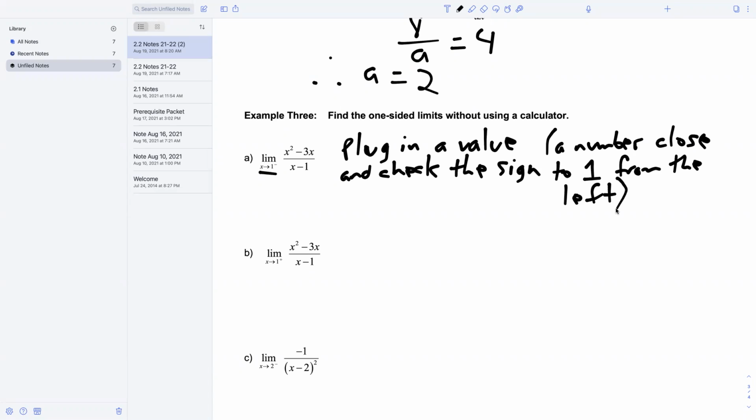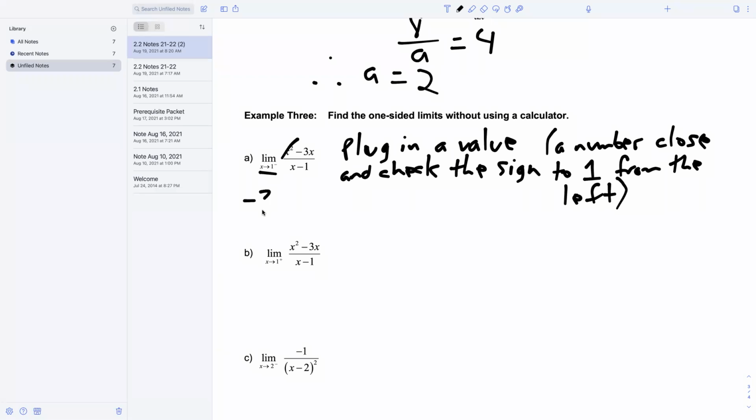Okay, so let's say that I plug in 1/2. Why 1/2? Because it's getting close to 1 and 1/2 is on the left side of 1. First thing I'm going to do is eliminate the x squared, because it doesn't matter. It's squared, therefore it has to be positive. All you're checking is the sign.